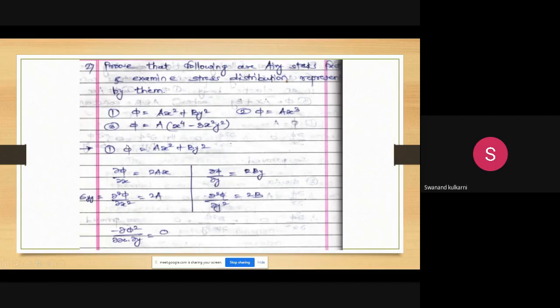So differentiating this phi with respect to y, we got dou phi by dou y is equal to 2 times of by. Now let us differentiate once again this equation with respect to y, then it becomes dou 2 phi by dou y2. Is it okay? So this will become equal to now 2b.